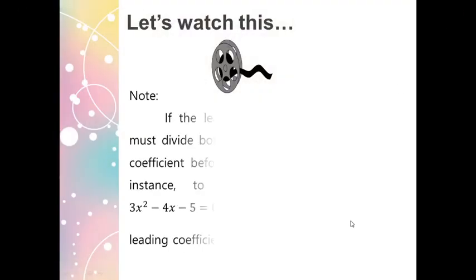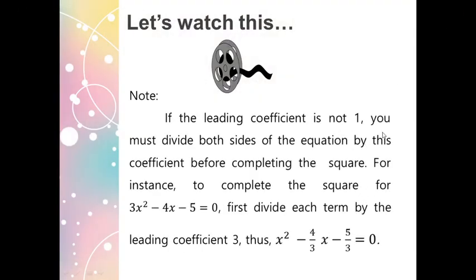So, note that if the leading coefficient is not 1, you must divide both sides of the equation by this coefficient before completing the square. For instance, to complete the square for 3x squared minus 4x minus 5 is equal to 0, first divide each term by the leading coefficient 3. Thus, x squared minus 4 thirds x minus 5 thirds is equal to 0.